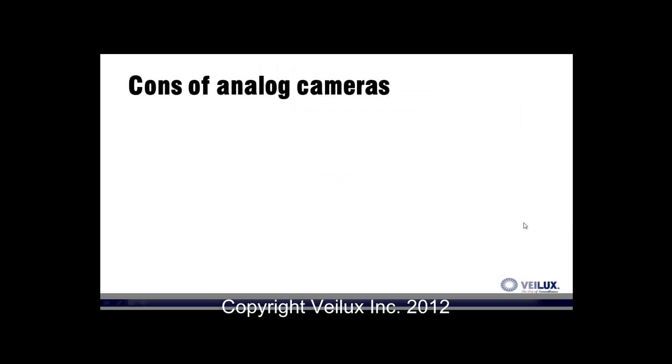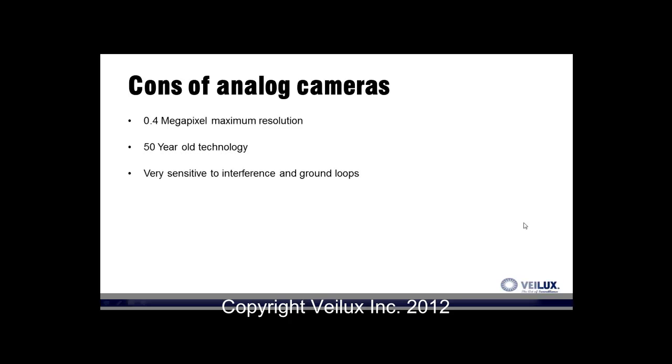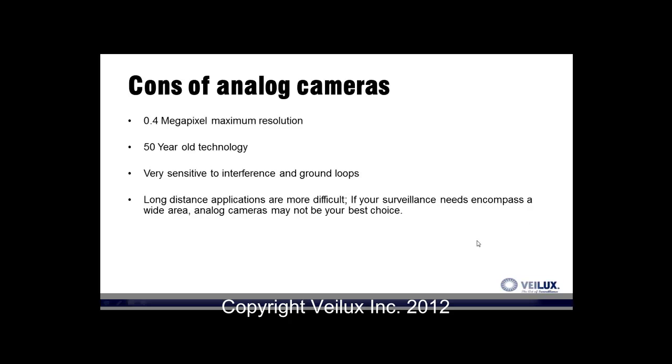Cons of analog cameras: 0.4 megapixel max resolution, 50-year-old technology, very sensitive to interference and ground loops. Long distance applications are more difficult. If your surveillance needs encompass a wide area, analog cameras may not be your best choice.